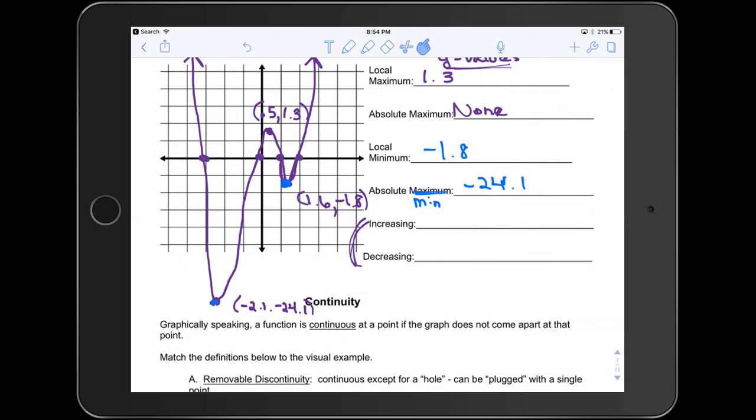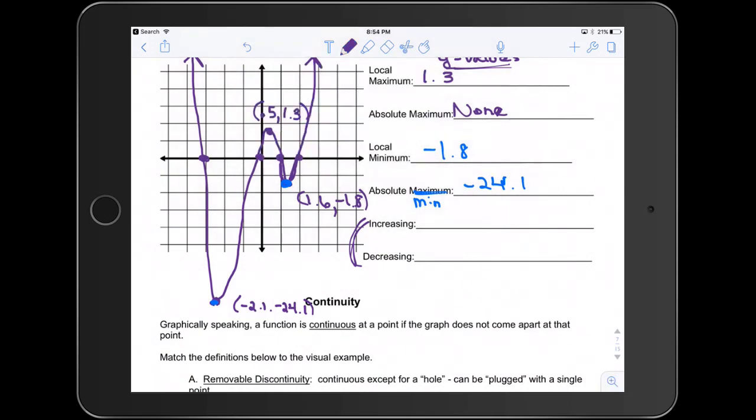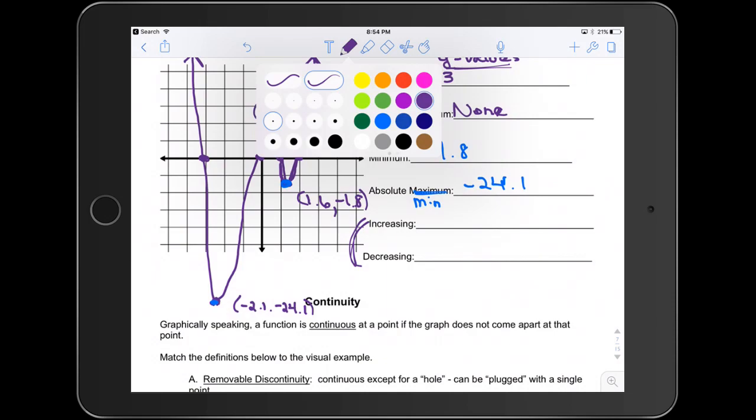The increasing and decreasing is always using the x coordinate, because what we're interested in is an interval of the movement as we go from very far left on the x-axis all the way right. So we want to see, where is the graph increasing? Now actually I turned it to purple, but let's go back to that blue. I like that blue.